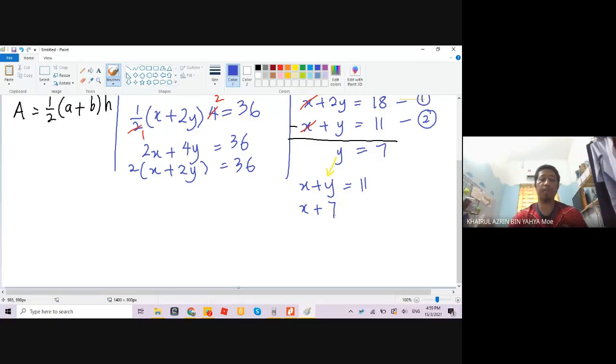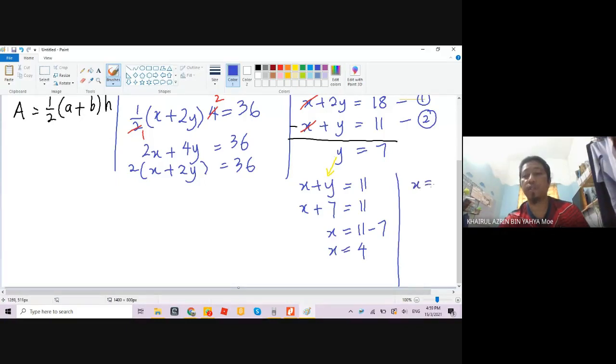We substitute the y value with 7. So x equals 11 minus 7. x equals 4. Meaning we can write here x equals 4, y equals 7.